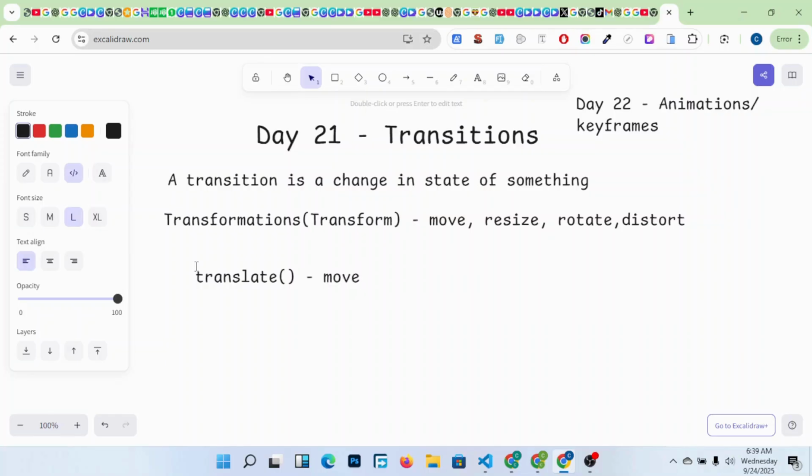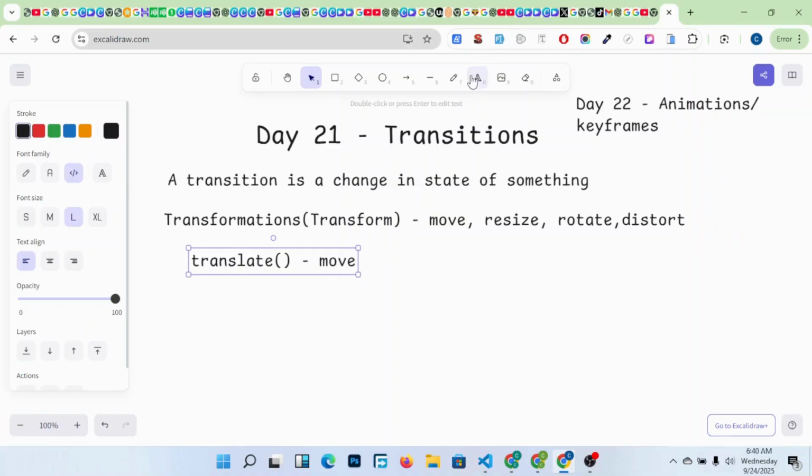You can see here that translate moves the element across the y-axis and the x-axis. You remember, scale was increased in size, it was resized.